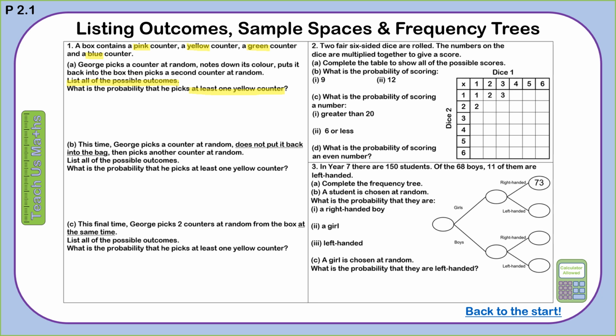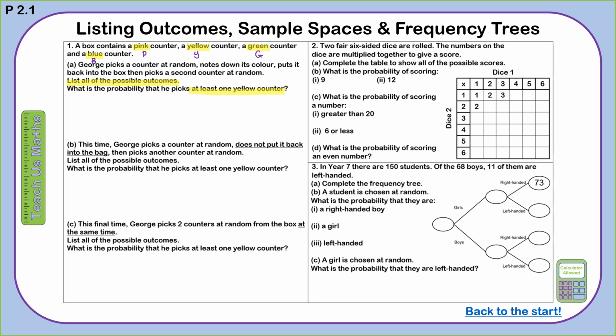This will just save us some time not having to write the words in full. So a pink counter I'm going to abbreviate as P, yellow counter Y, green G and blue B. So we're going to use those codes for each of those individual outcomes.